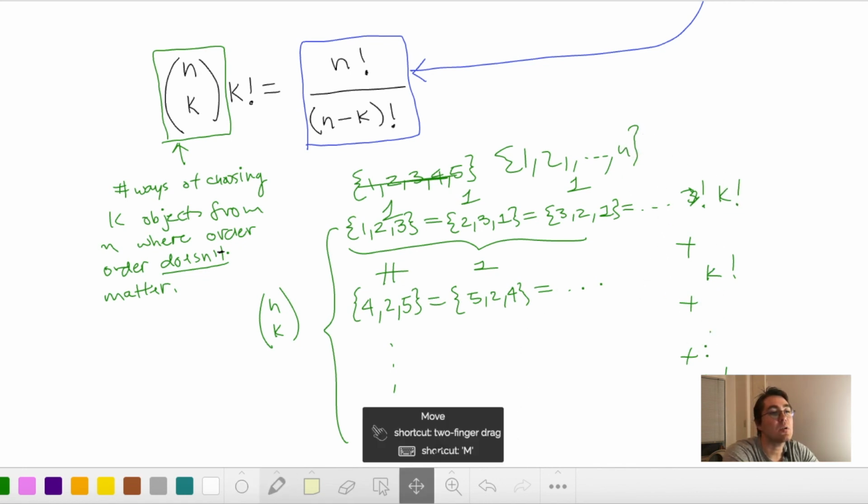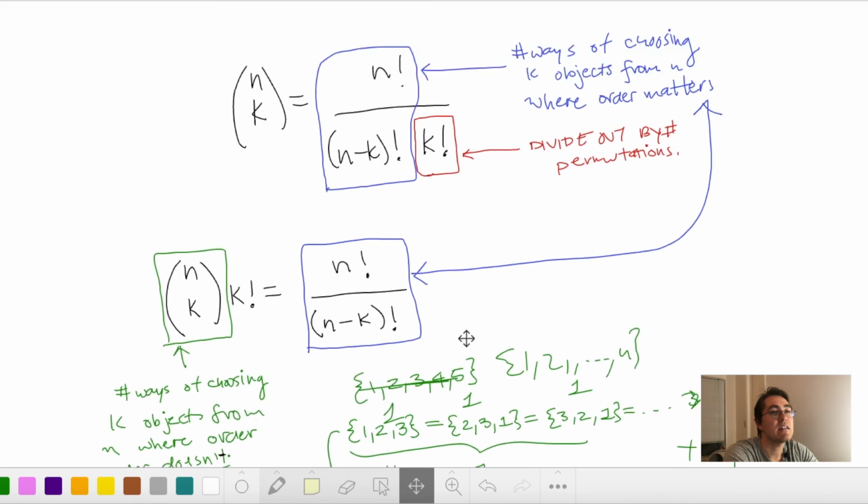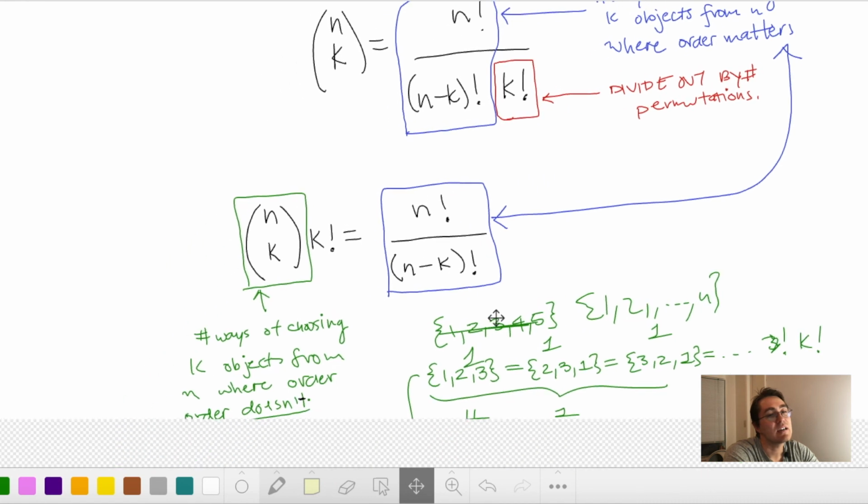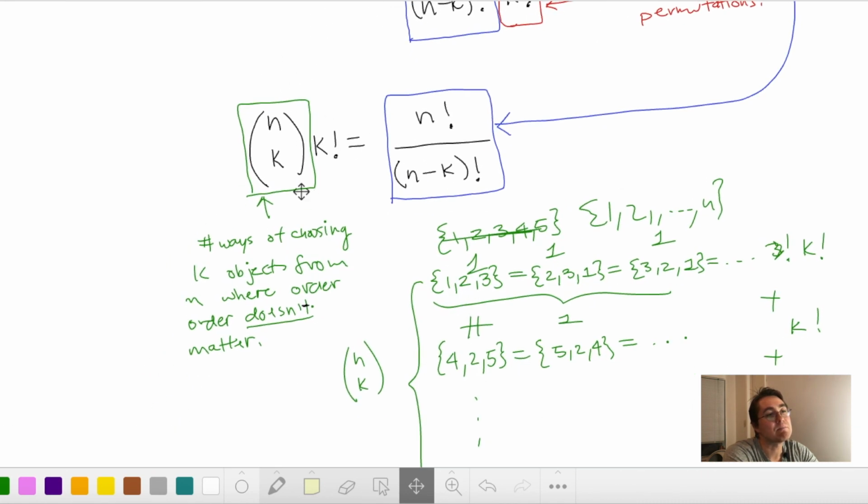But we already said we know what that is. Number of ways of choosing k from n where order does matter. That's this right here. And that's really all there is to this formula, because now you can just divide out by this k factorial, which was, I guess, an aside that maybe I was just too dumb to realize. But this is where the dividing out by the permutations comes from, right?